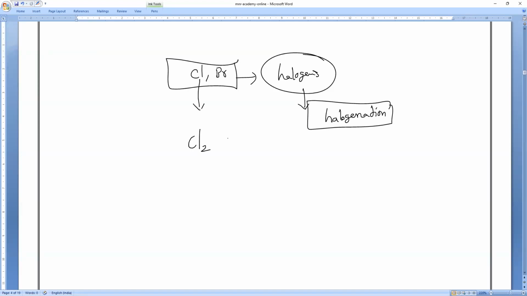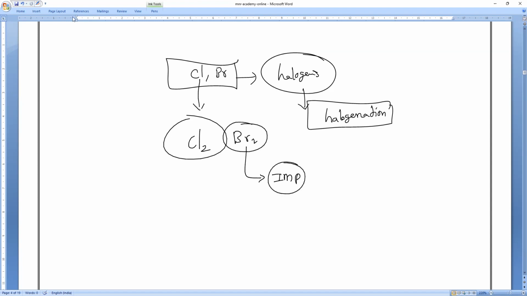Chlorine means Cl2, bromine means Br2. Chlorine and bromine also give addition reactions with unsaturated hydrocarbons like alkenes and alkynes. So addition of bromine is particularly important. Very, very, very important reaction.